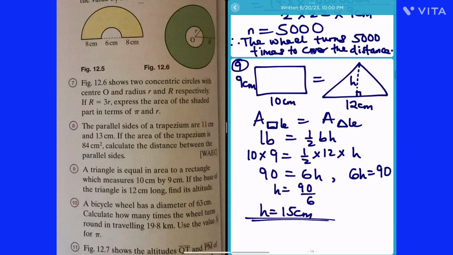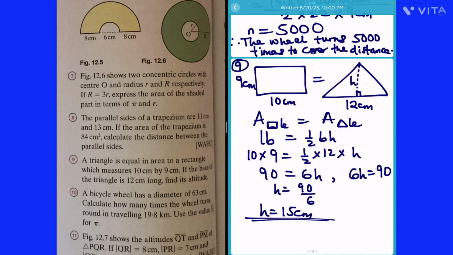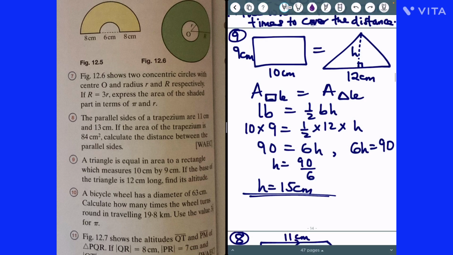In question 9, it says a triangle is equal in area to a rectangle, which measures 10 centimeters by 9 centimeters. So for the rectangle, length is 10 centimeters, breadth is 9 centimeters. If their areas are equal and the base of the triangle is 12 centimeters, we are required to find the height of the triangle.